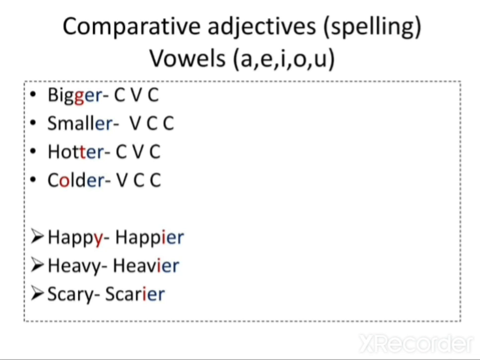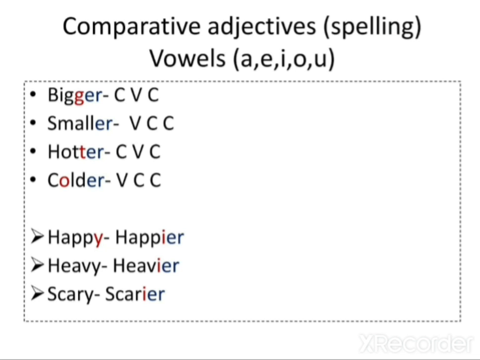Let's look at another example. So I have here the word cold. Fourth word, okay. Nainital is colder than Almora. So if I wanted to write out this word as a comparative adjective, I would look at the last letters. We have O, which is a vowel. We have L, which is a consonant, and we have D, which is a consonant.